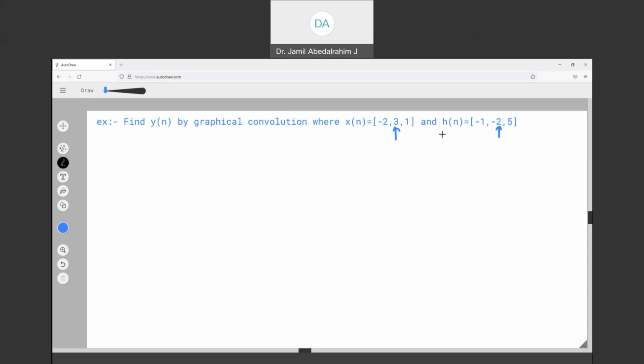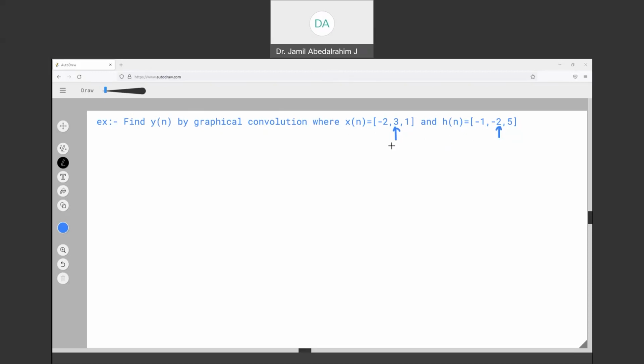But in this question, they have an equal number of signals. But it's not necessary to be equal. And mostly h of n has more signals because x of n is the received signal, while h of n we can manipulate to the left side or to the right side.